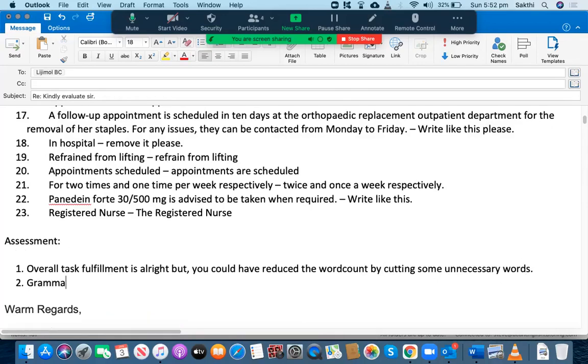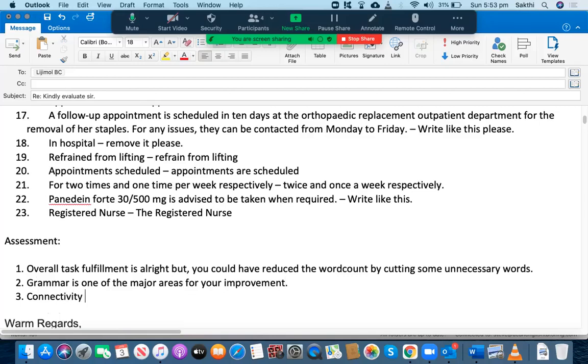Grammar is one of the major areas for your improvement. Connectivity could have been improved.